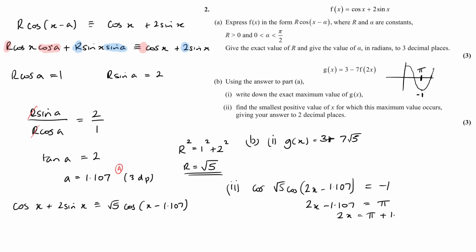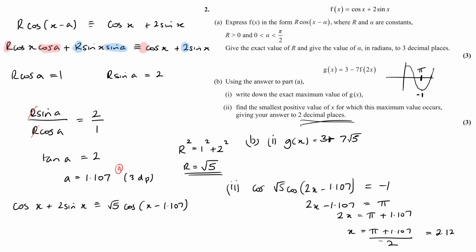So x equals pi plus 1.107 over 2, and popping that into my calculator, obviously using the full value for the 1.107, this will give me 2.12 to 2 decimal places, and of course that's positive.